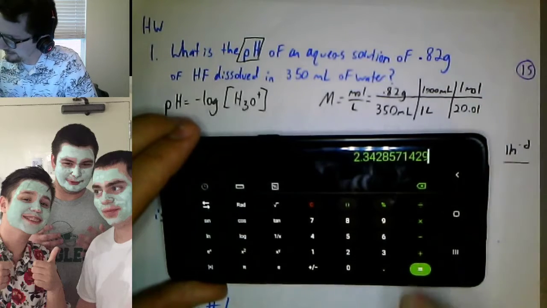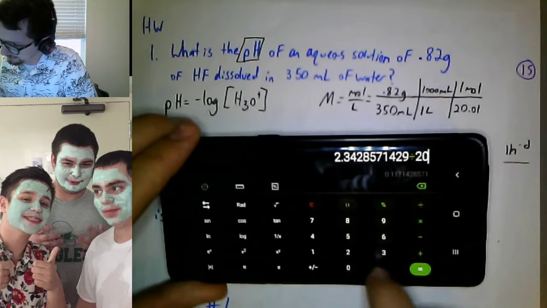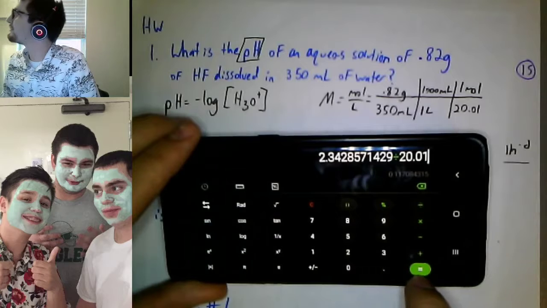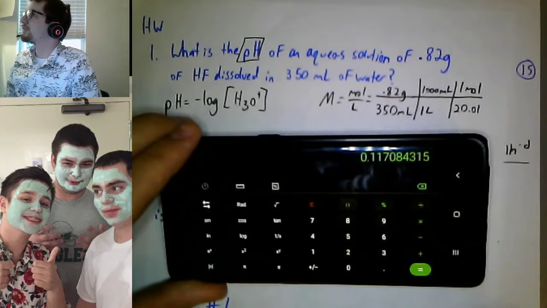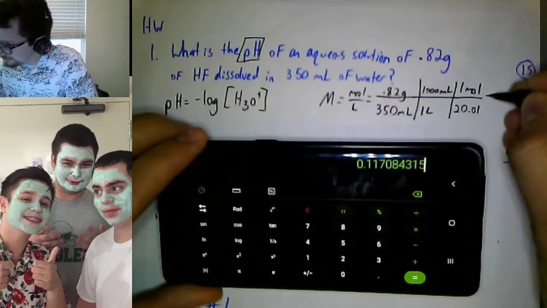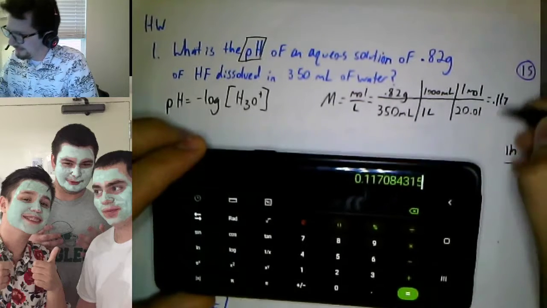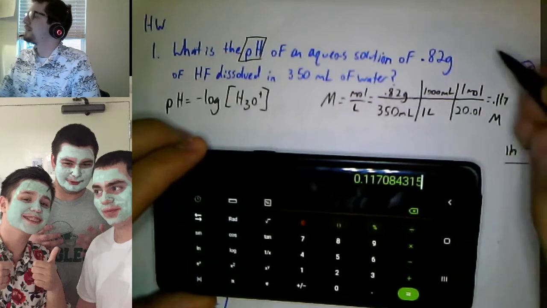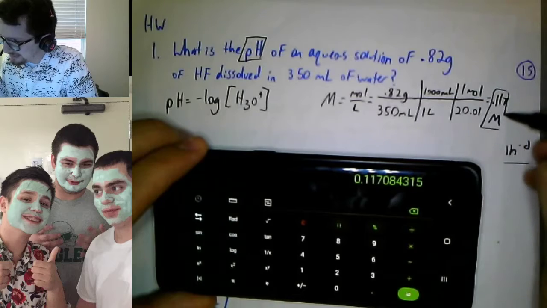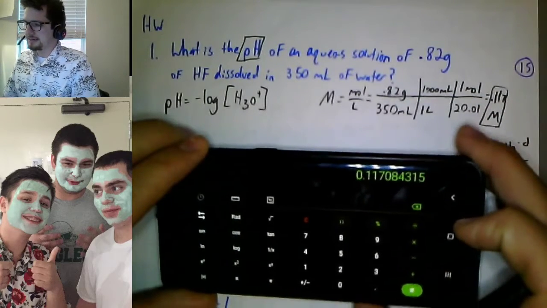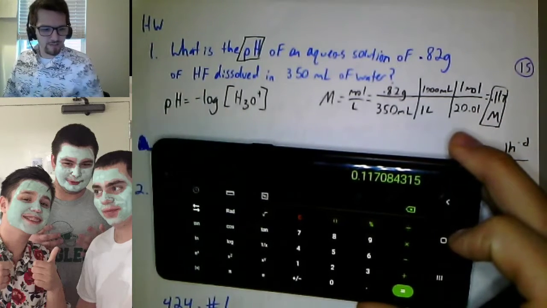And then I'm going to divide that by 20.02. I'm sorry, 20.01. And I get 0.117. And that's capital M. So now that I have 0.117 capital M, that is my H3O concentration.